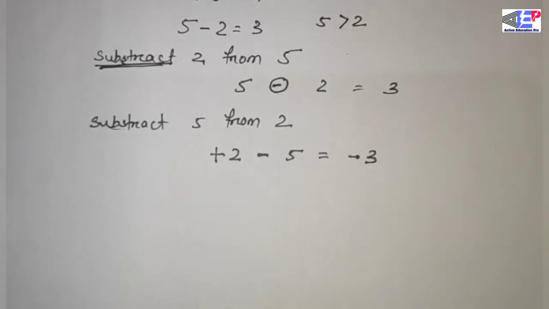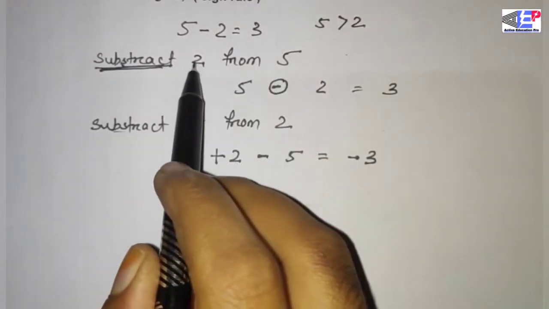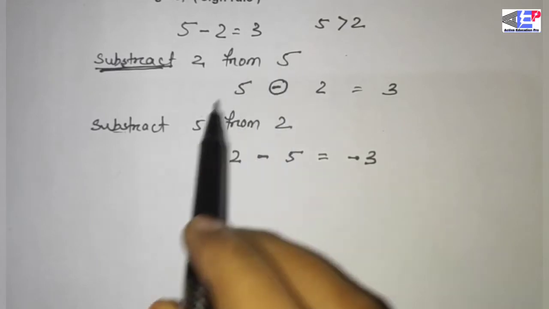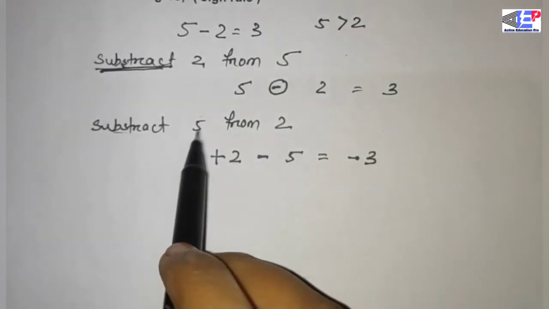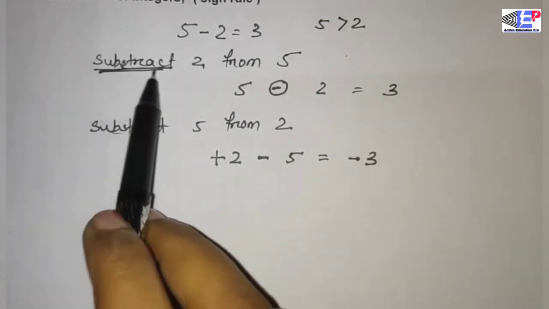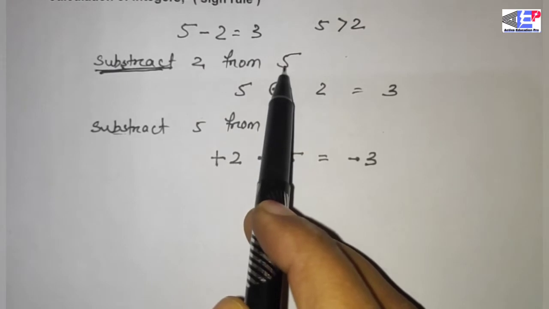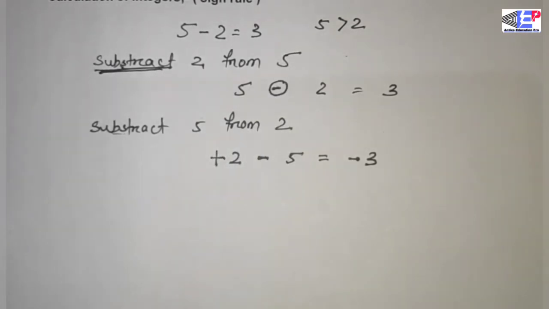In both these cases, we subtract a positive integer from a positive integer. Whatever the numerical value, here I subtract the smaller one from the greater one, and here I subtract the greater one from the smaller one. But both are positive integers. Subtract 2 from 5, subtract 5 from 2. 5 and 2 are both positive integers.